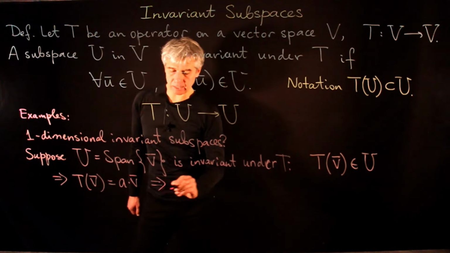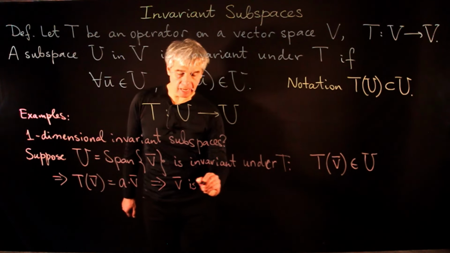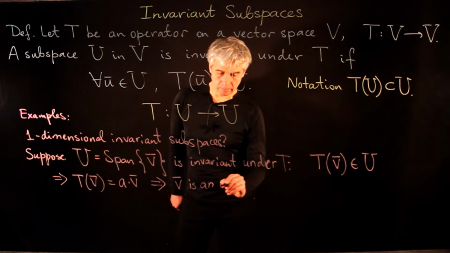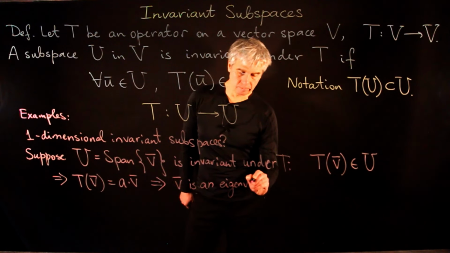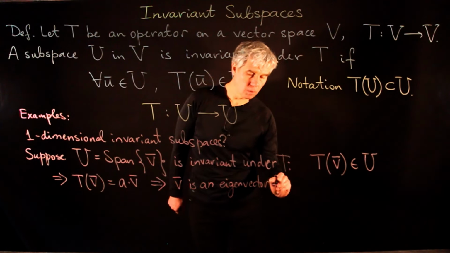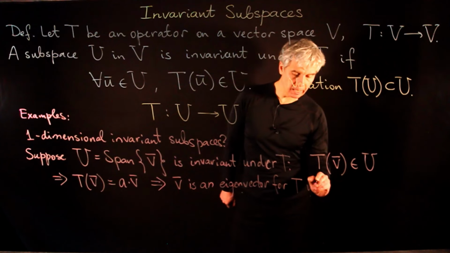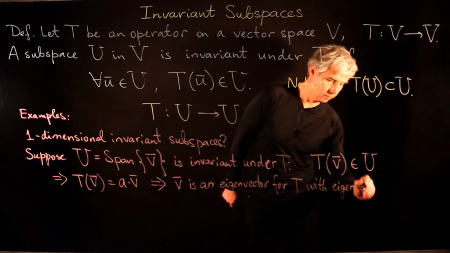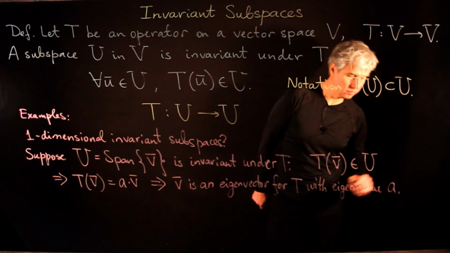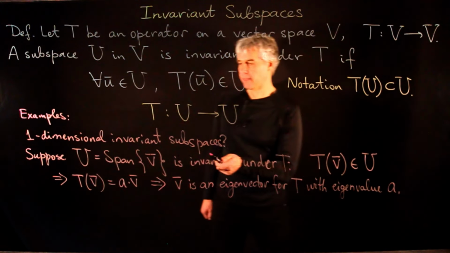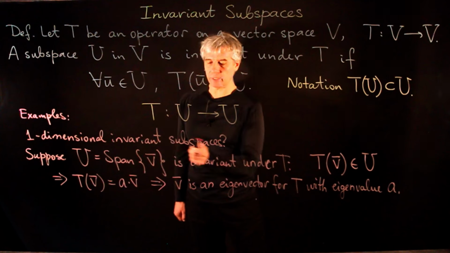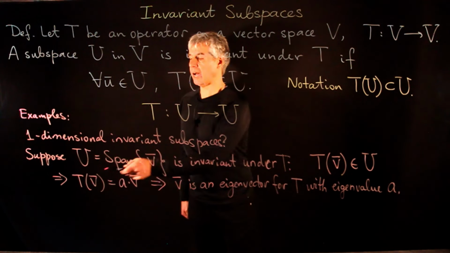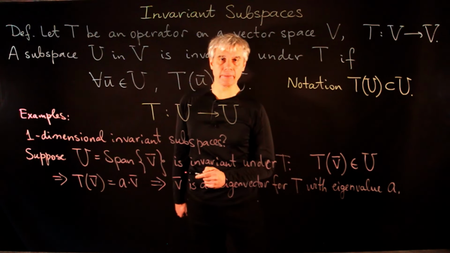But this means that v is an eigenvector for T with eigenvalue a. So we see that one-dimensional invariant subspaces correspond to eigenvectors of operator T.